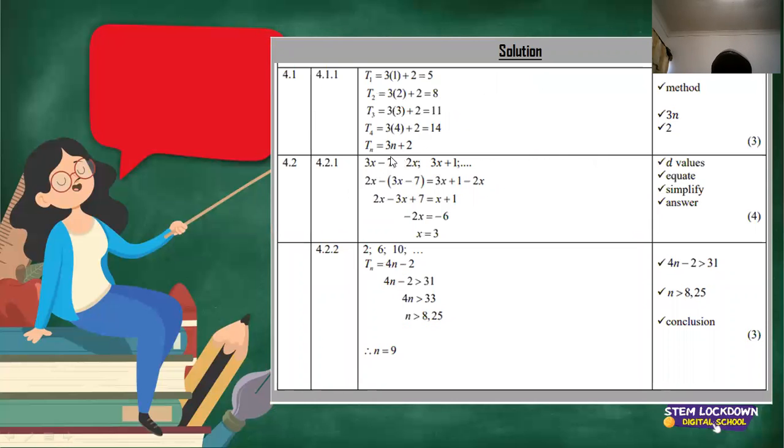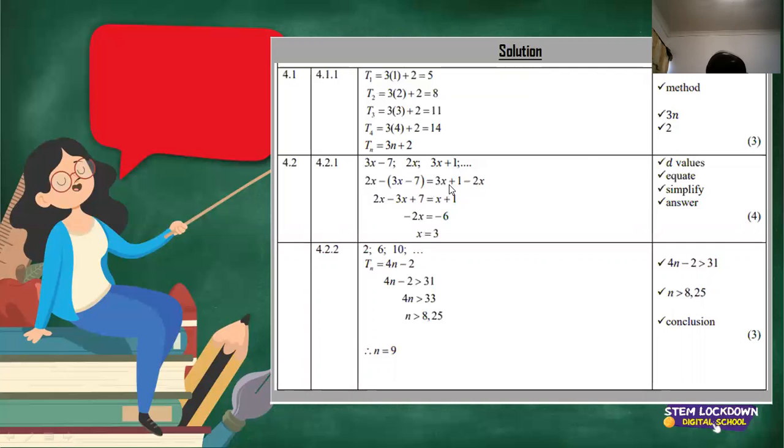So this being the first, second, and third term, because it is a linear pattern, T2 minus T1 has to be equal to T3 minus T2. So T2, which is 2x, minus T1, which is bracket 3x minus 7, must be equal to 3x plus 1, which is your third term, minus the second term, 2x.